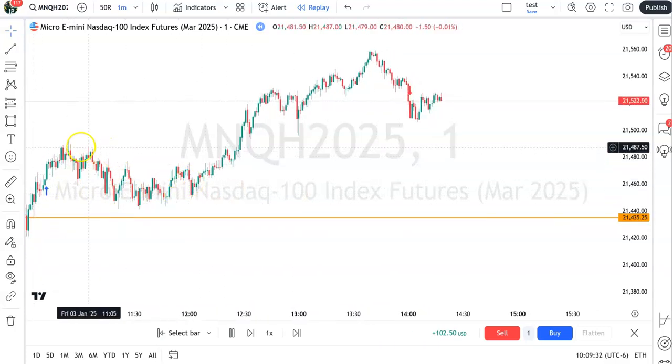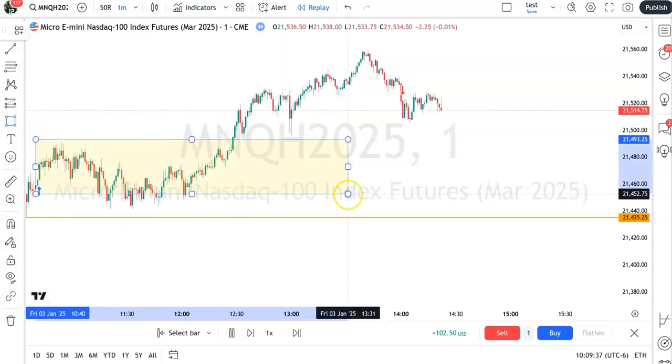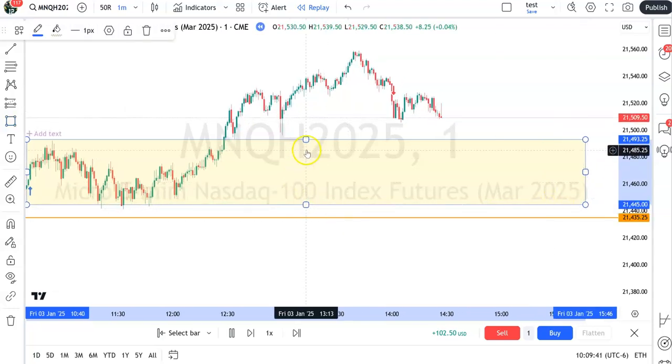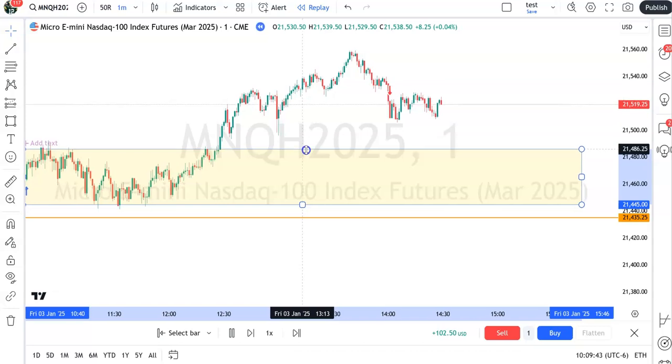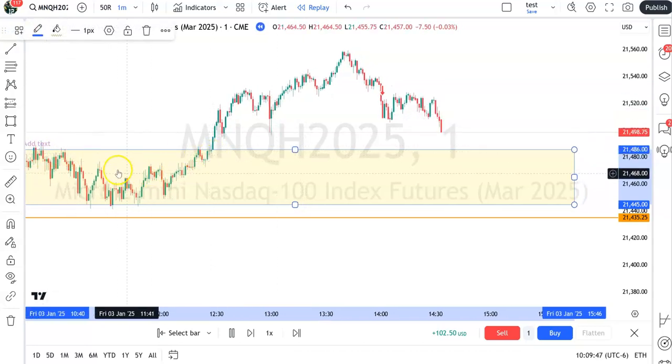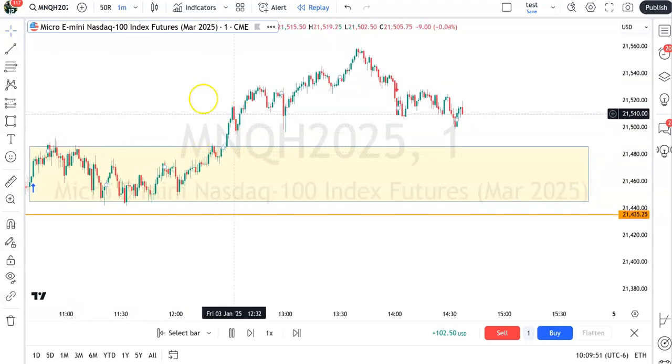You can see this price action had been defended pretty well earlier in the day, so it's likely that it will do so again. We had a test.